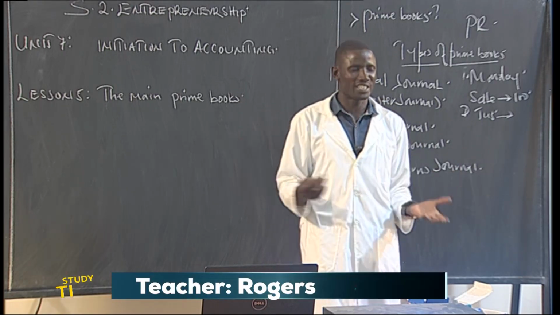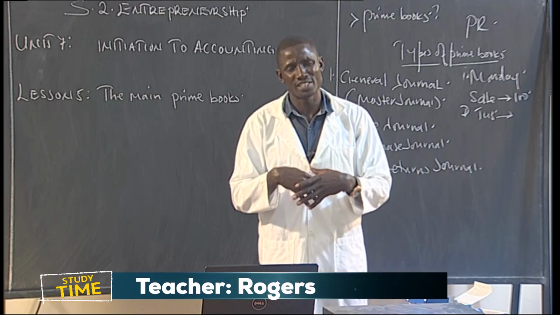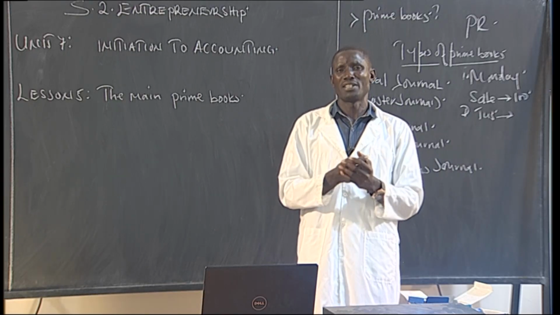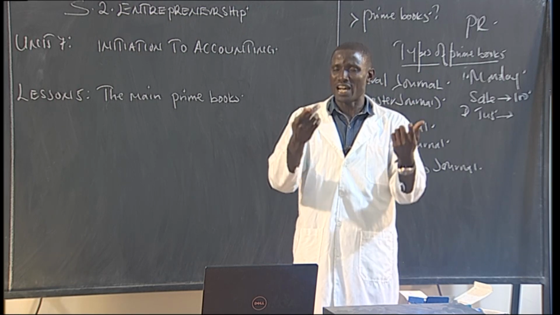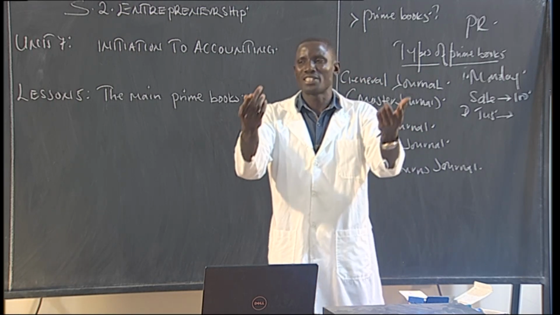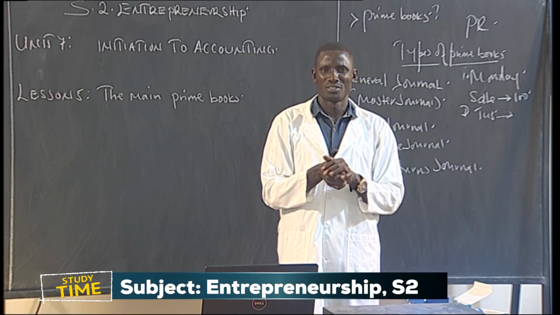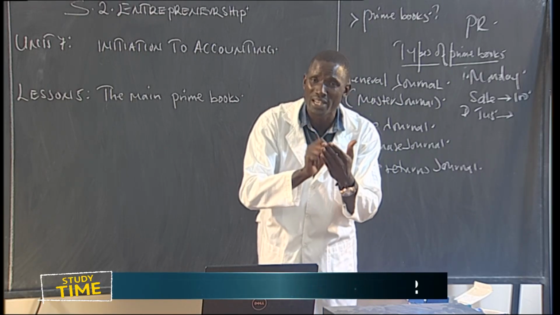You know, most of the times we always buy commodities and they get some problems while they are still in the business. Then when you sell it to the customer, the customer reaches there and brings it back, saying that it is having some problems. You need also to record that problem.